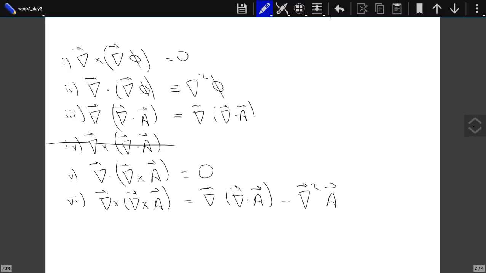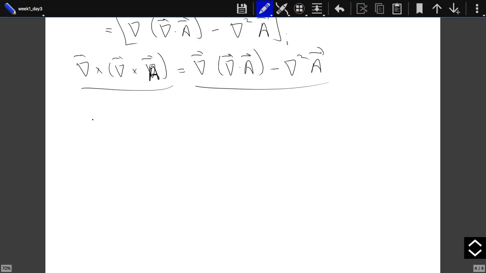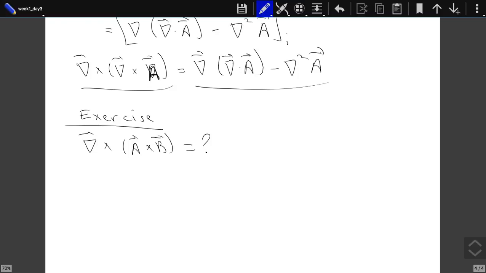Everything else we can write in terms of those two. And similarly, if you have, for example, the curl of A cross B, just using index notation, you can also calculate this. Just do it as an exercise.